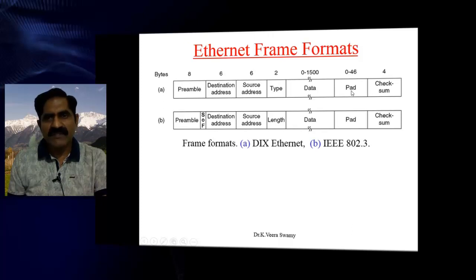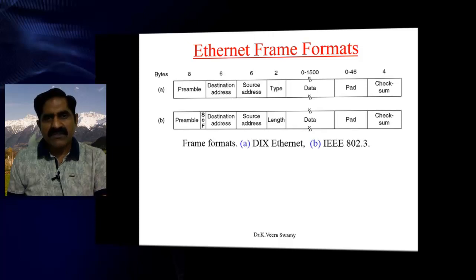Why do you need this pad? Suppose data is a very low value. When data is a very low value, we are working in a LAN. Suppose you take one node available in the EC block and another node available in the main block of Vasavi College of Engineering.